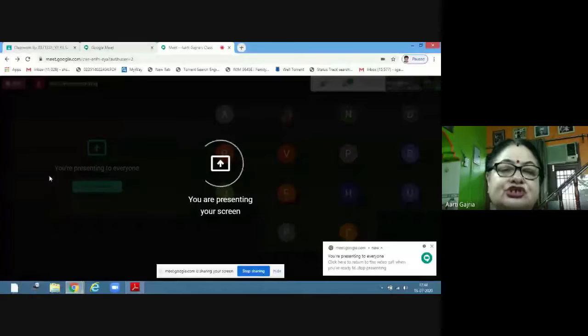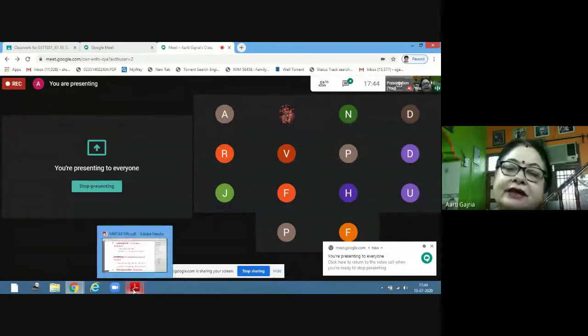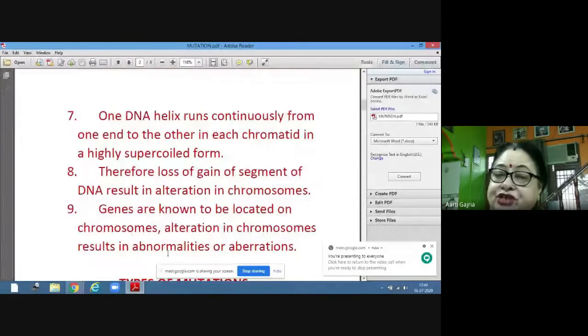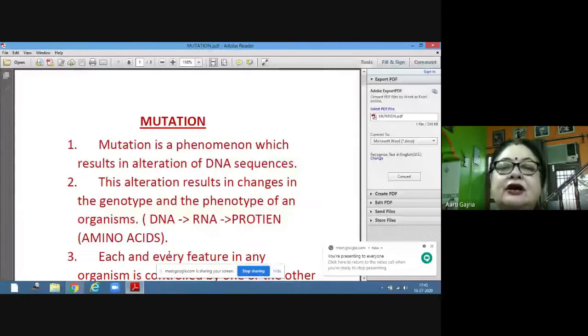When this genetic information gets changed or altered due to many reasons, there is a change in the information. And when there is a change in the information, that results in the change in the phenotype and genotype of the organism. So mutation is change in the genetic information. What is the genetic material?